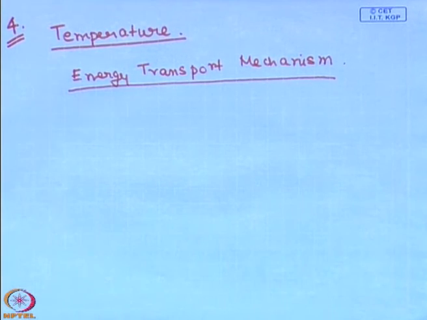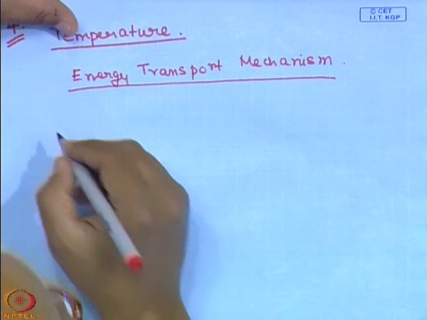And there are two energy transport mechanisms that are active inside stars. The first one is radiation. So, you can have radiative transport.